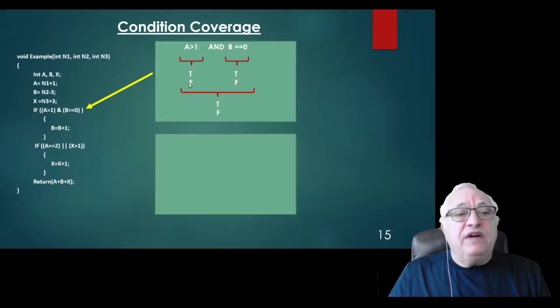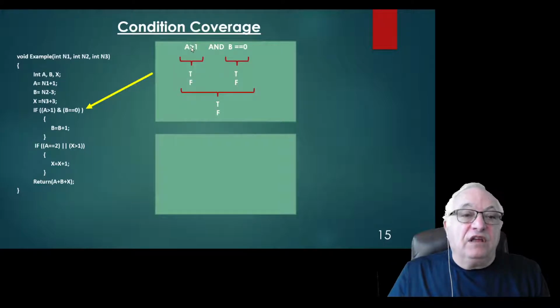Now if I take a value of a less than 1, which makes this false, a less than 1 and b not equal to 0, that's going to give me the fail, which would cover this. So these two test cases will take care of the condition coverage, which means I have true and false for this condition, I have true and false for this condition, and I also have true and false for the top.